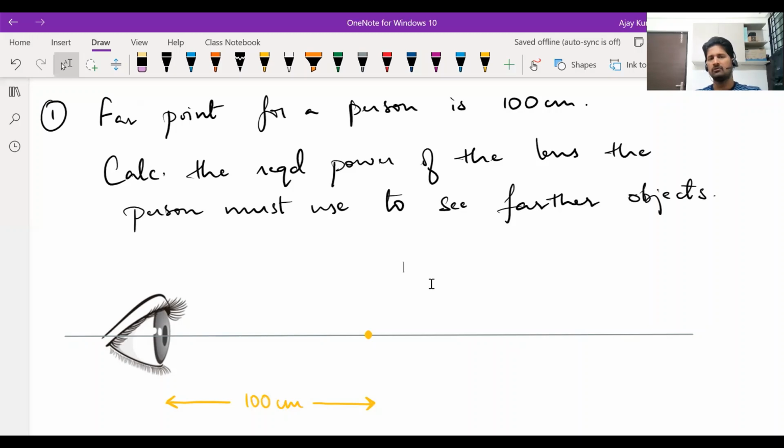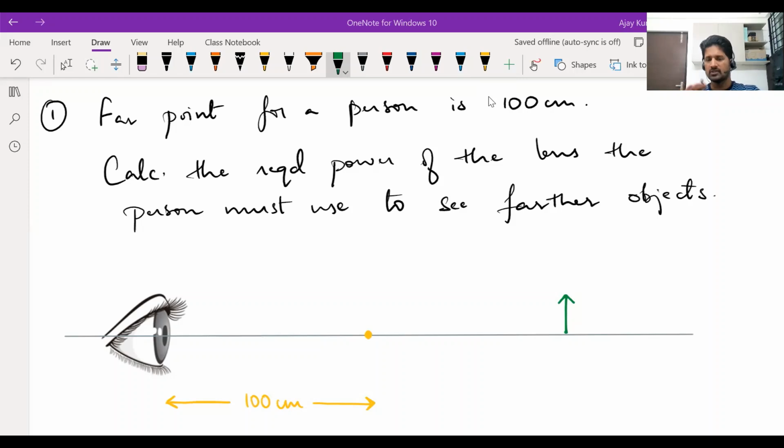Any idea, anyone? How are you going to solve this problem? If an object is farther than 100 centimeters, the person's eye is not able to converge those rays and form an image on the retina. Okay, I got one answer as f is equal to 100. We'll discuss.